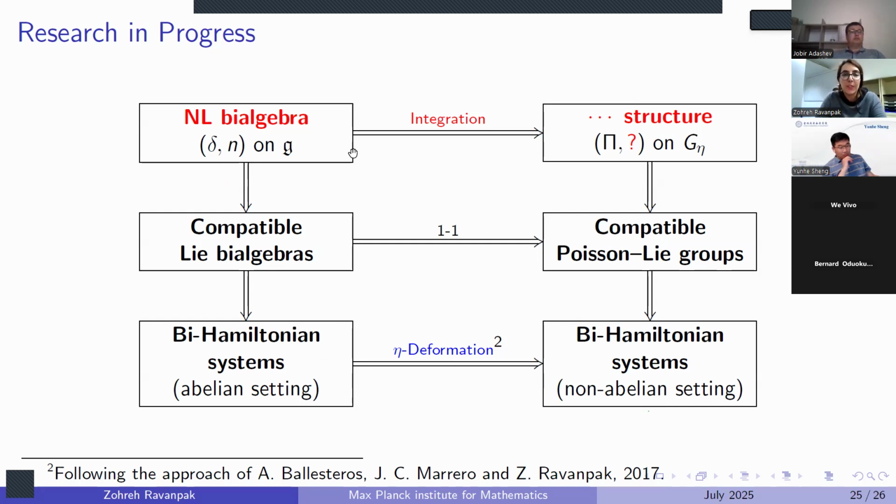So in research in progress, I am trying to integrate such an object. Obviously a Lie algebra can be integrated, but it's not obvious to me at the moment how they will work together to be compatible, to define compatible Poisson Lie groups. I didn't mention Poisson Lie groups, but they are Poisson structures which are compatible with group multiplication. So that was all I wanted to say.